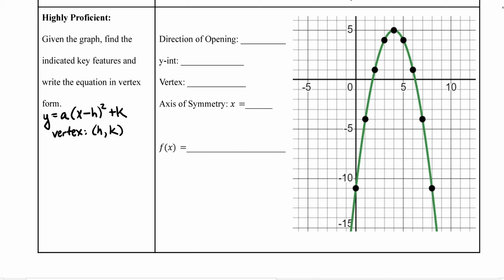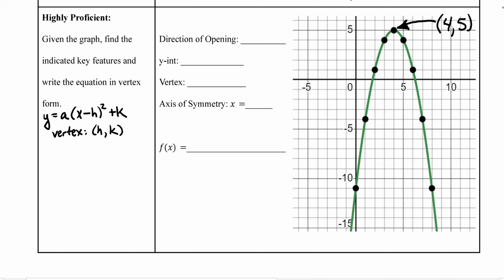So from this graph, we can say, well, here's the vertex right here. That point is 1, 2, 3, 4 over in x, and then 1, 2, 3, 4, 5 up in y. So it's the point 4 comma 5.